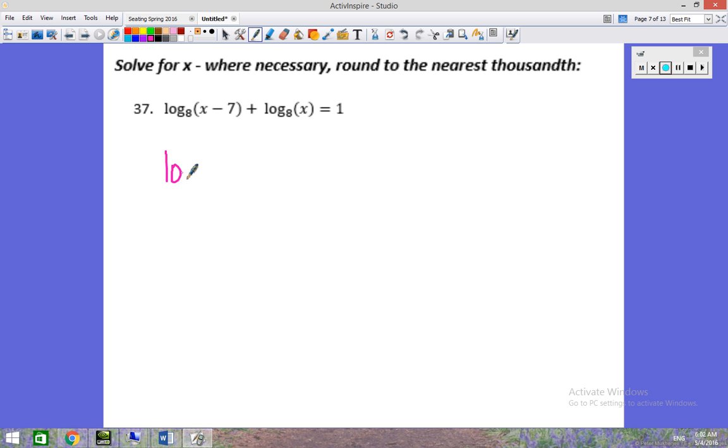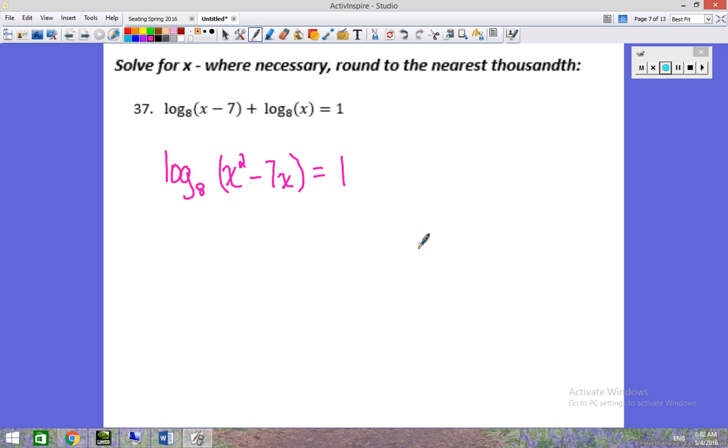So I have log base 8, and now I'm going to multiply these together. When I take this x and multiply it by this binomial, I'm going to go ahead and distribute it now. So x times x is x squared minus, and then the 7 times x. This is equal to 1.